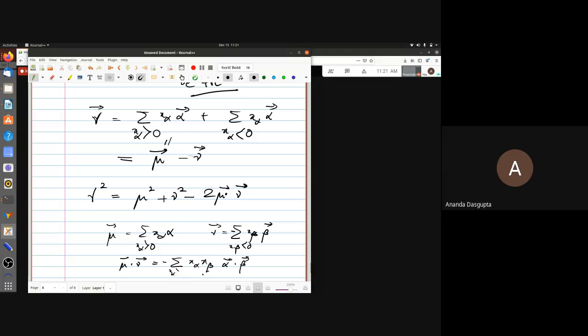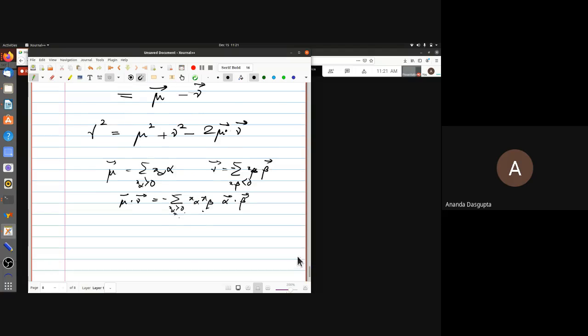Sum over all positive x alphas, all negative x betas. So what is this going to be? x alpha x beta. What is the sign of x alpha x beta? Positive. No, x alpha x beta is definitely negative.